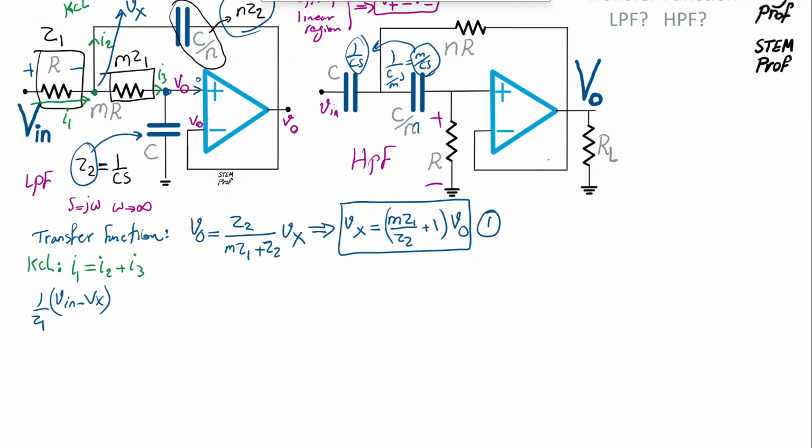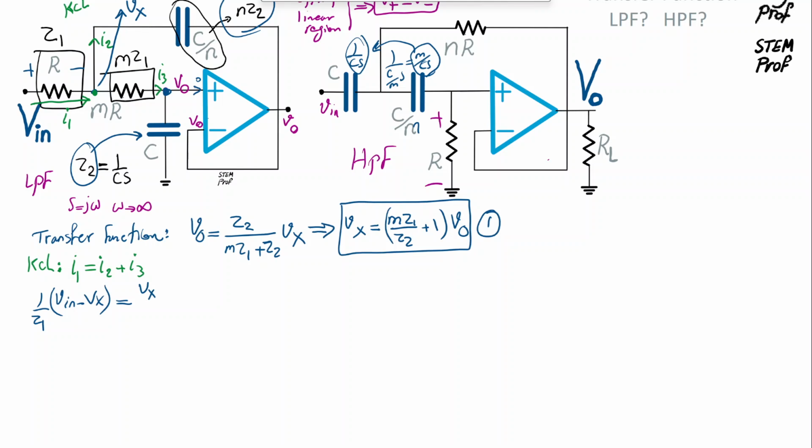So that is for the current I1. Now I need to do the same thing for currents I2 and I3. I2 is this current, which is just Vx minus Vout divided by NZ2, the impedance.